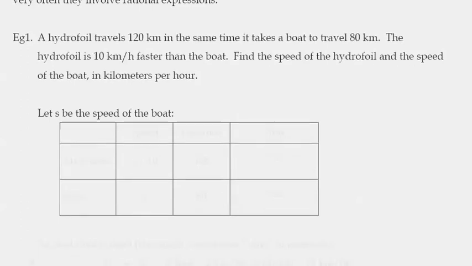So here in example number 1, in this question they are trying to compare the speed between two different transportation in water. A hydrofoil travels 120 kilometers. In the same time, it takes a boat to travel 80 kilometers.